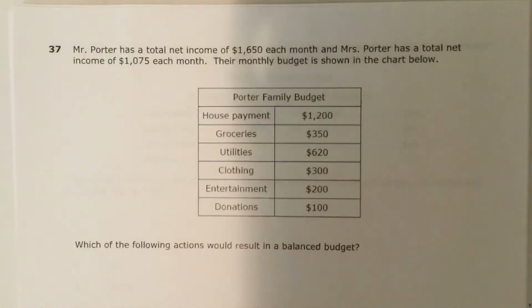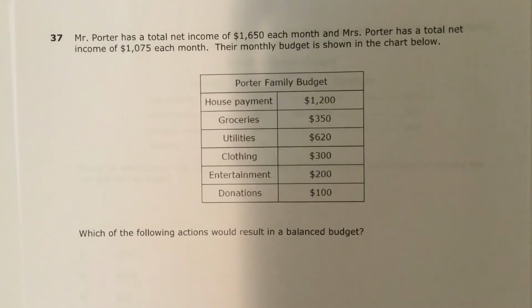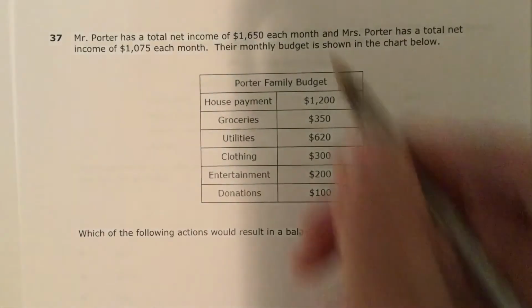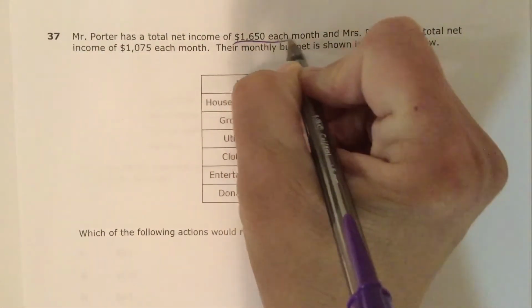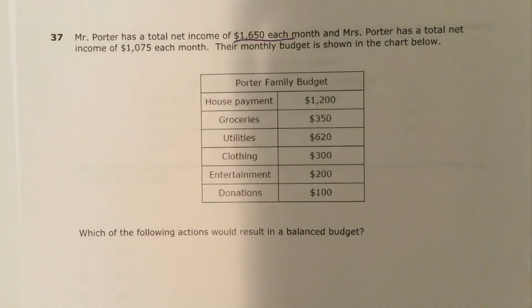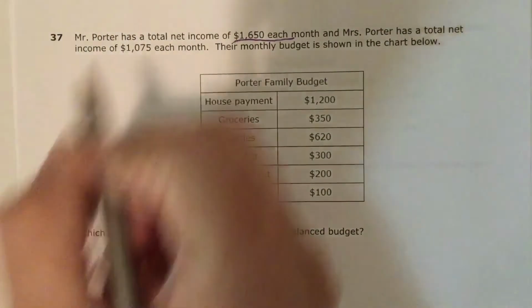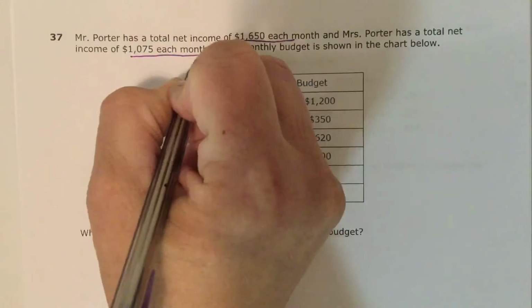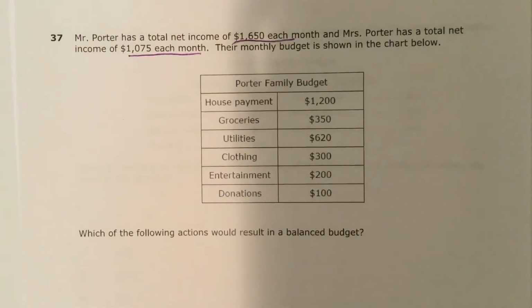All right. Mr. Porter has a total net income of $1,650 each month. Mrs. Porter has a total net income of $1,075 each month. Their monthly budget is shown in the chart below. Which of the following actions would result in a balanced budget? All right.